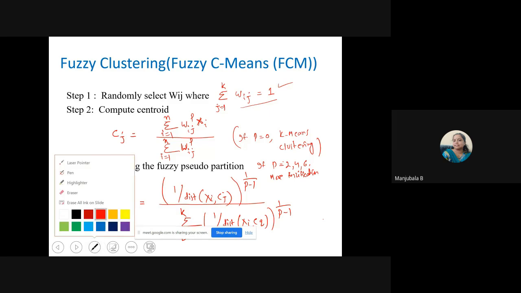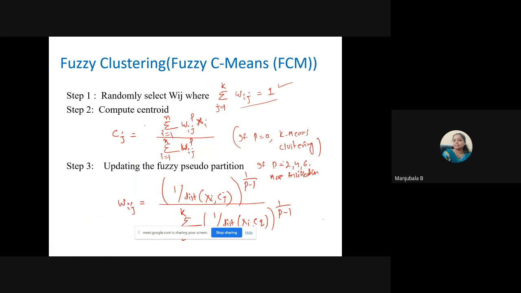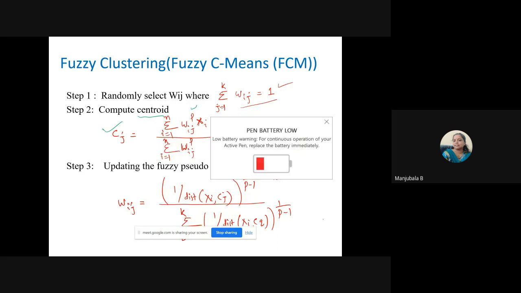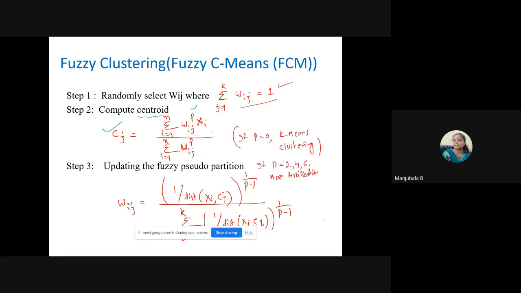Next, you compute the centroid of the clusters. This is the equation you follow to calculate the centroid. Cj equals the summation of i equals 1 to n of Wij to the power p times xi, divided by the summation of i equals 1 to n of Wij to the power p.